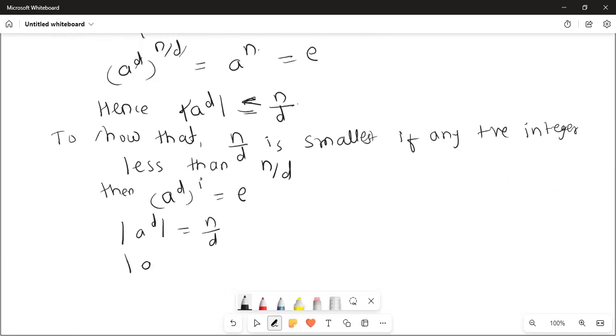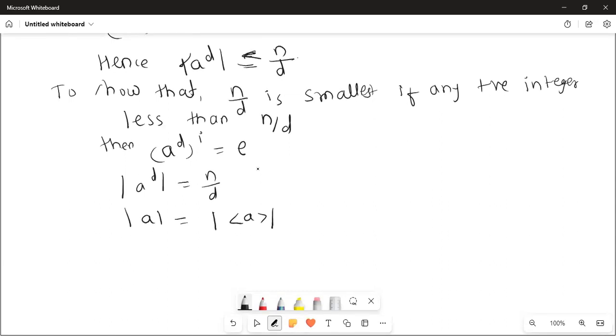Then the order of a is equal to the order of the generator of a. Therefore a raised to k is equal to a raised to k.